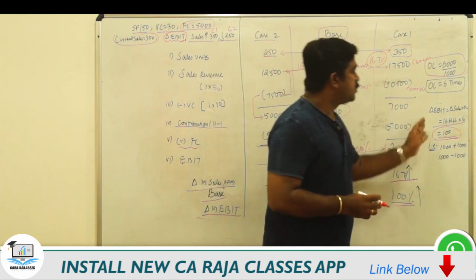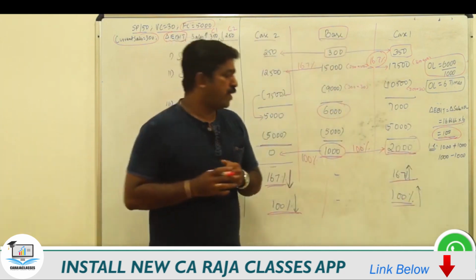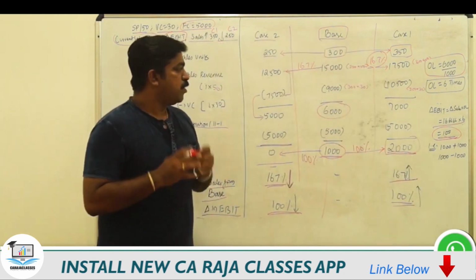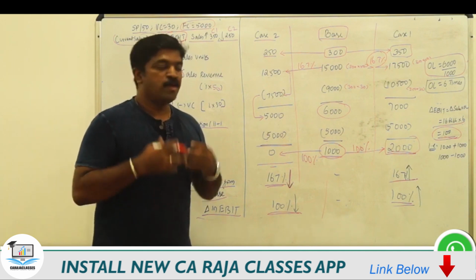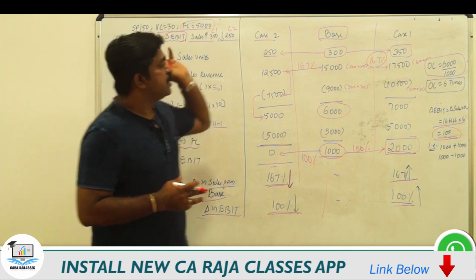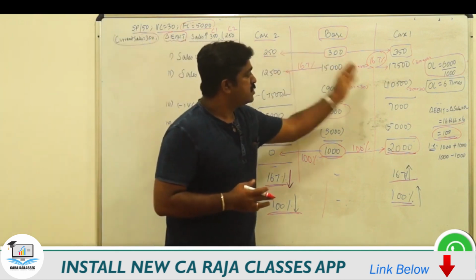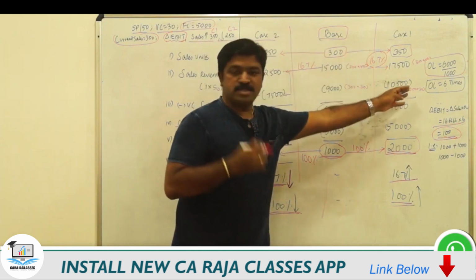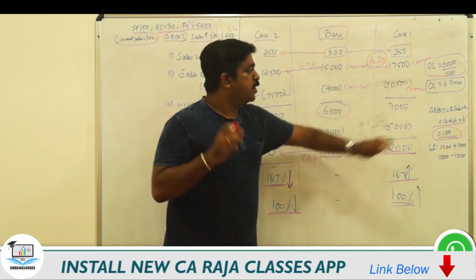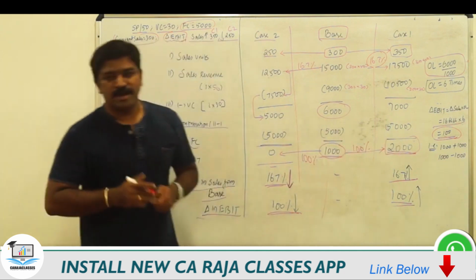That's what this operating leverage tool helps us to find. Operating leverage will communicate how your EBIT will respond when there is going to be change in sales. In this case, sales increased by 16.7% multiplied by operating leverage, we can close our eyes and say your EBIT will increase by 100%.